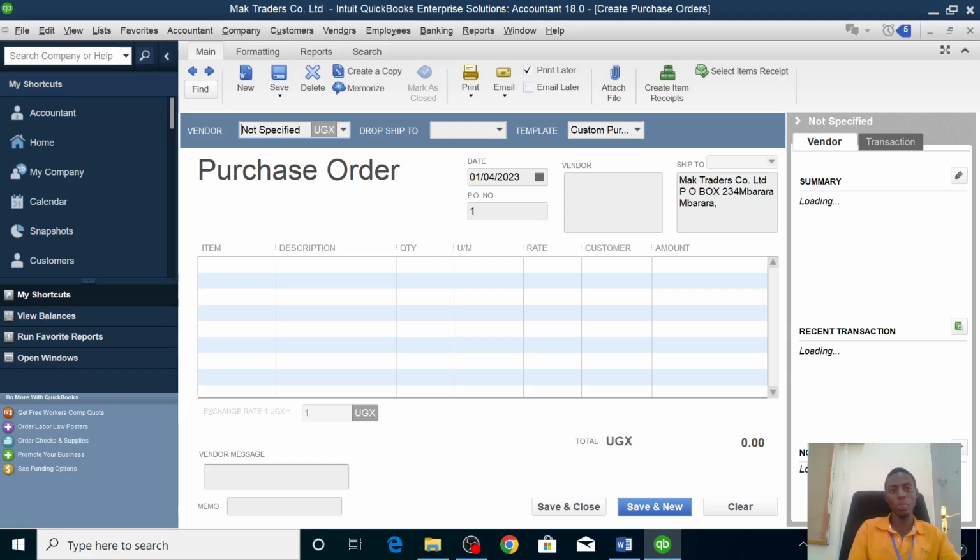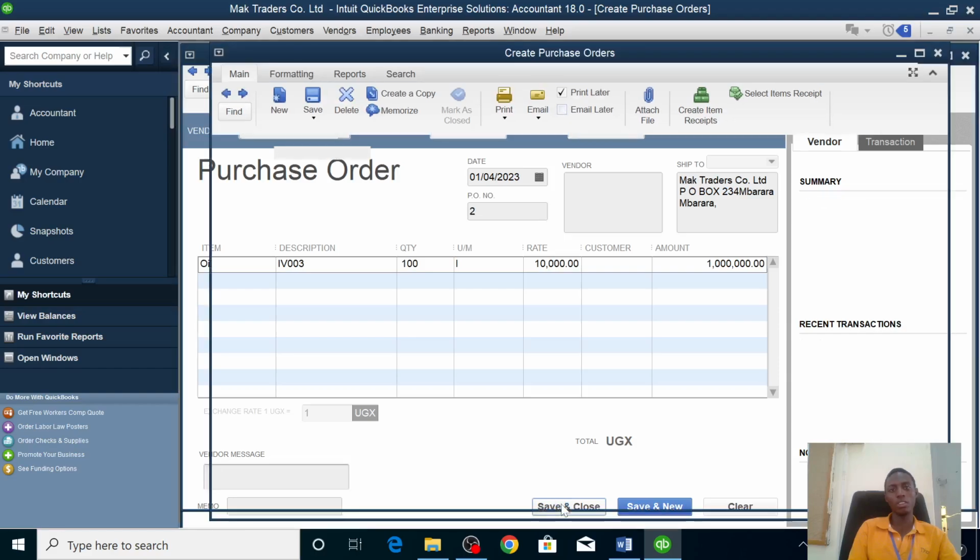Okay, come to items, oil, quantity, 100 liters. Then I save and close.